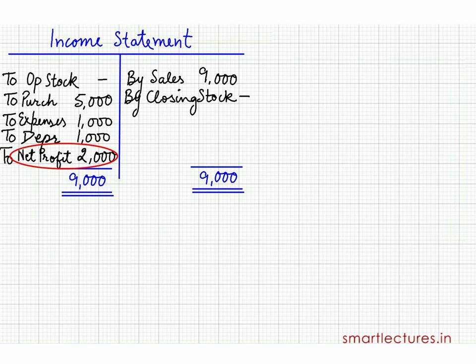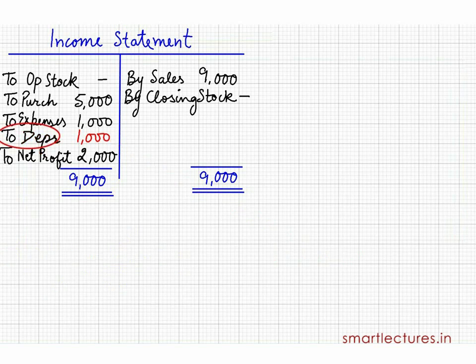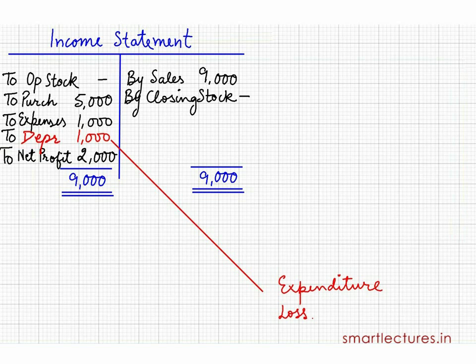If I say that this net profit is cash from operation, that is wrong, because this net profit is influenced by one non-cash item, and that non-cash item is 1,000, and that is depreciation. Depreciation means wear and tear on fixed assets, and that's an expenditure or loss for the firm, always placed on the debit side of the profit and loss account because it reduces the profit of the firm.